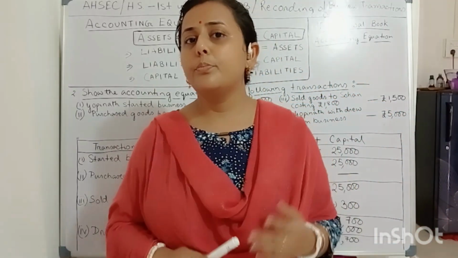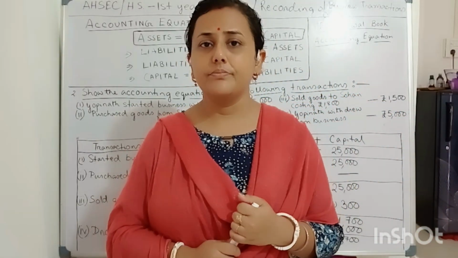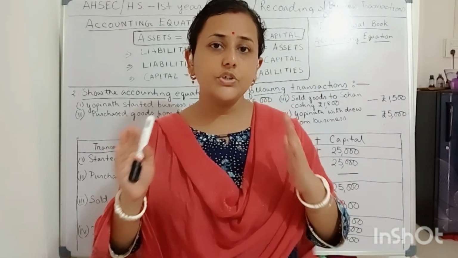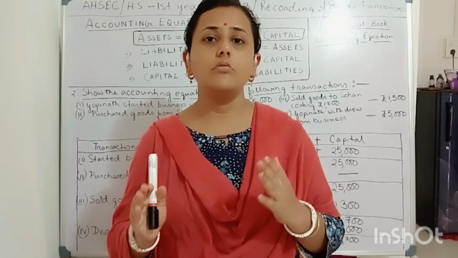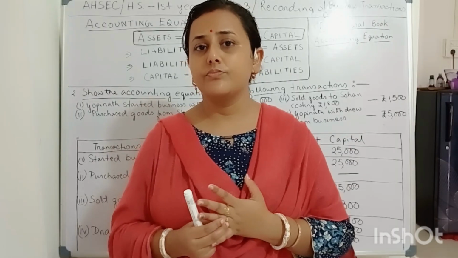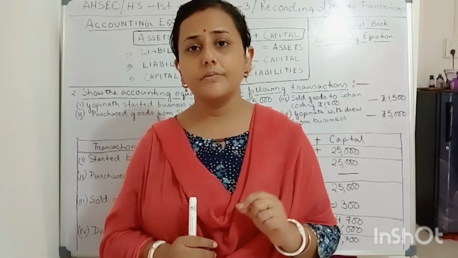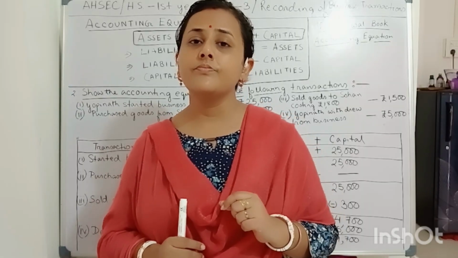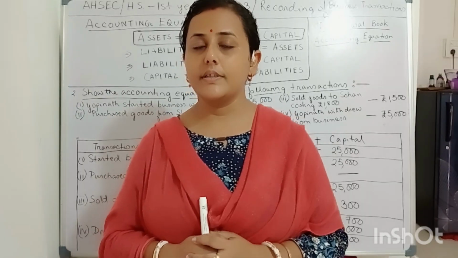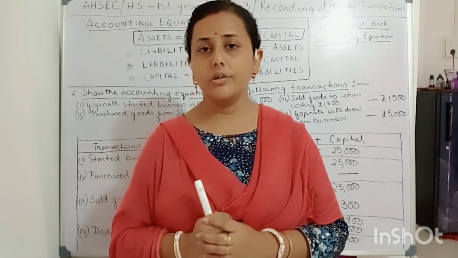Okay, you please see the balance sheet. The balance sheets are drawn. Yes or no? You will find the liabilities column. There you will write capital at the top and at the bottom liabilities, and you will find the assets column.